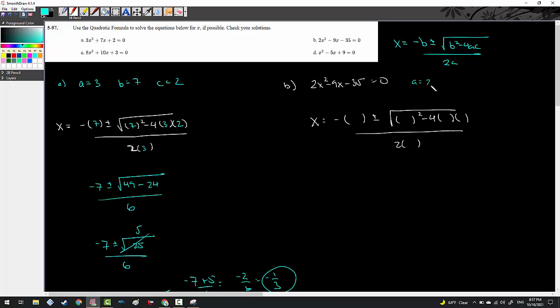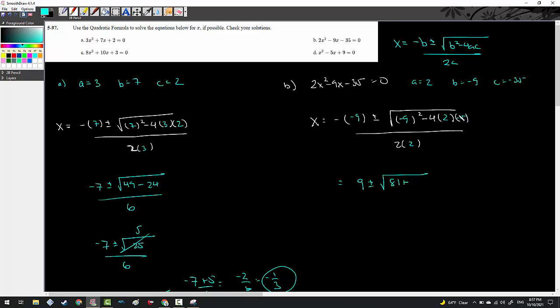A equals 2, B equals negative 9, C equals negative 35. So from here, negative 9 squared, 4AC, so negative 35, all over 2A, which is 2 times 2. So that's going to be 9 plus or minus the square root of 81. Let's see, negative times negative is positive.